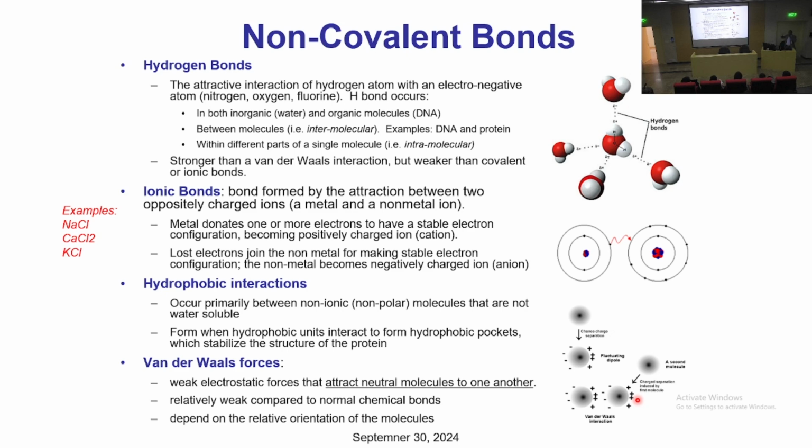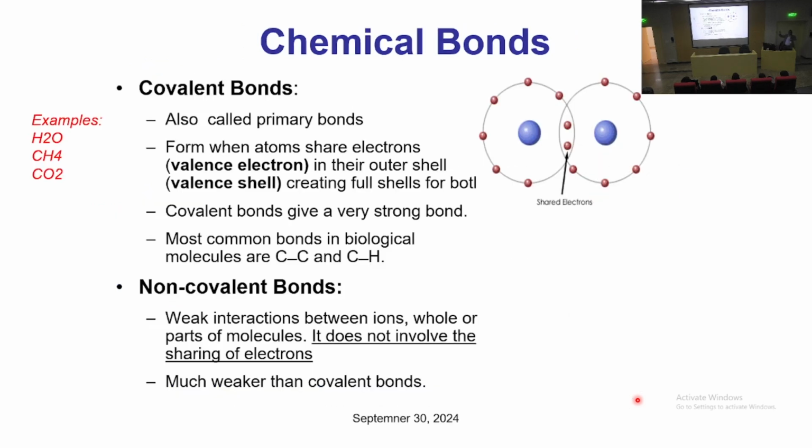Either they reach this stability by sharing electrons with other atoms, as we showed in the previous slide, 6 and 6, they can share two electrons, and everyone will have 8 electrons in the outer shell. This we call a covalent bond or sharing bond. In Arabic, they call it al-ilaqa tasahumiyya, because every atom gives the same amount of electrons to reach stability. This kind of bond is very strong, and that's why we call it a primary bond.